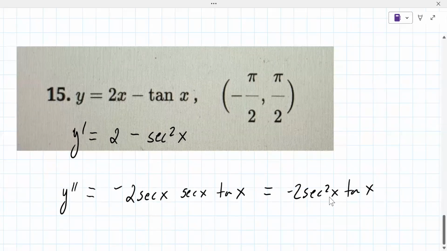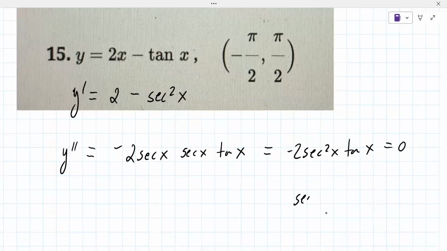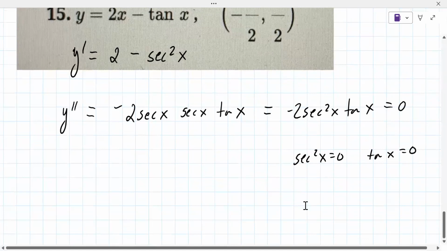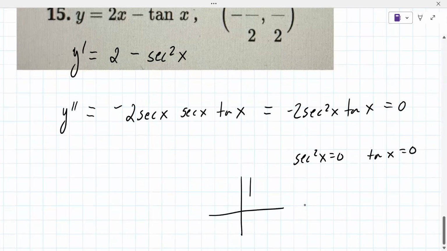So this goes to, do you remember your trig? Can secant ever be 0? Does secant squared x equal 0? Does tangent x equal 0? The answer is secant squared does not equal 0. The graph of it is a bunch of u's, and because it's squared, they're always positive.